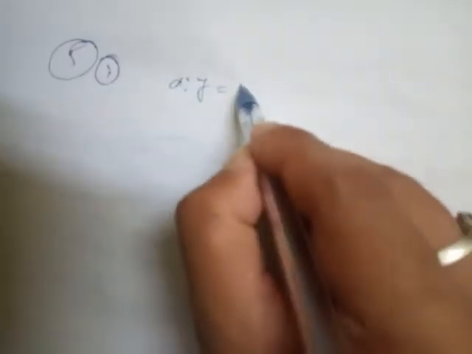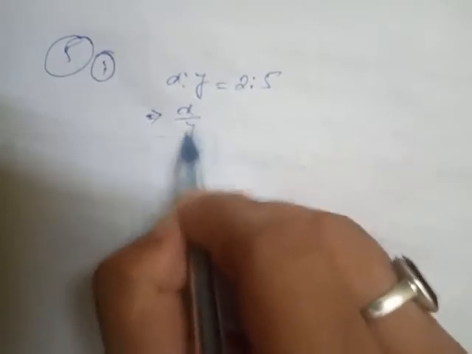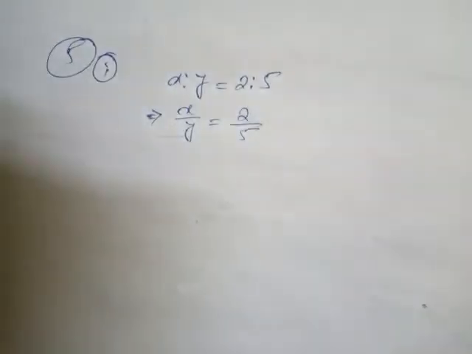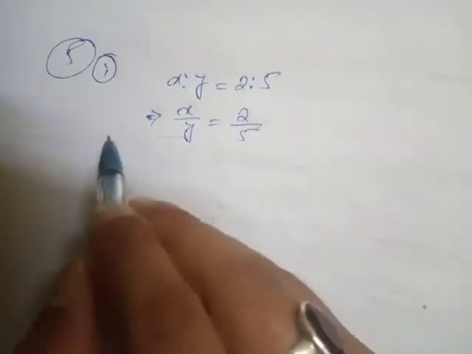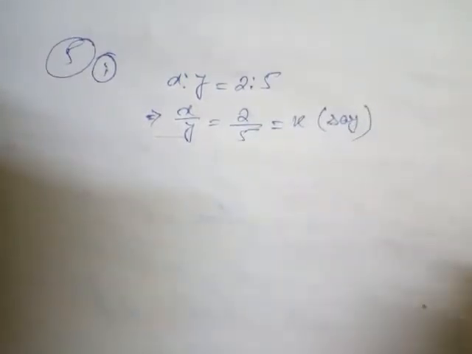Students, the given portion of question number 5, part 1, is x is to y equals 2 is to 5. So it can be written as x by y equals 2 by 5, and this is equal to k, say, one ratio I have taken.